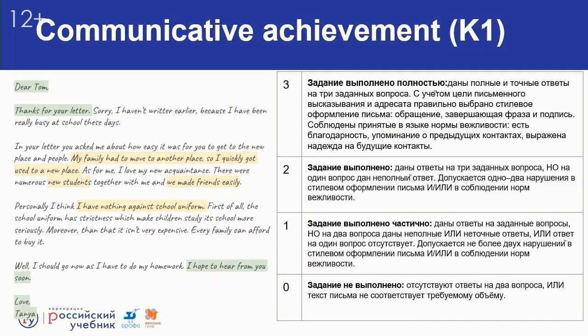We have a little Dear Tom in the very beginning, so they address their pen friend by name. Thanks for your letter. They thank their pen friend for their letter. I haven't written earlier because I've been really busy at school these days. Well, I didn't highlight it, but still, there is kind of a little reference to their previous communication, right? At the end, they write, I hope to hear from you soon.